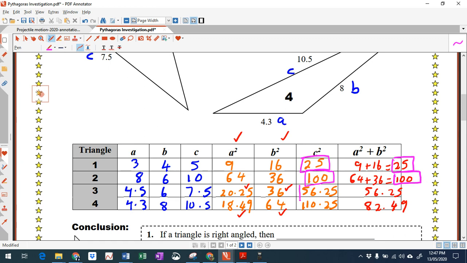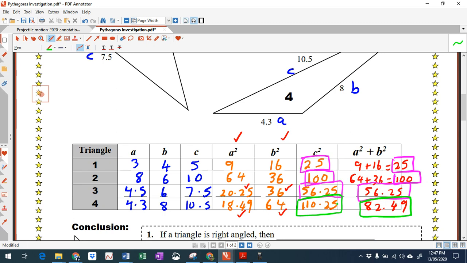And can you see that this number and this number are the same? And last of all, let's change colours. I'll do green for this one. Can you see that this number and this number are not the same?